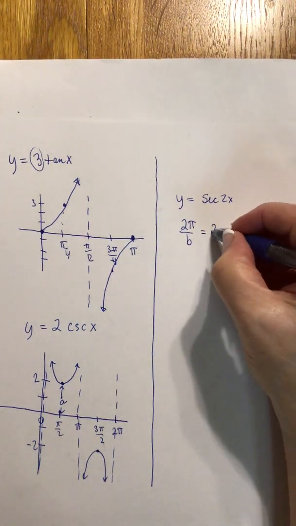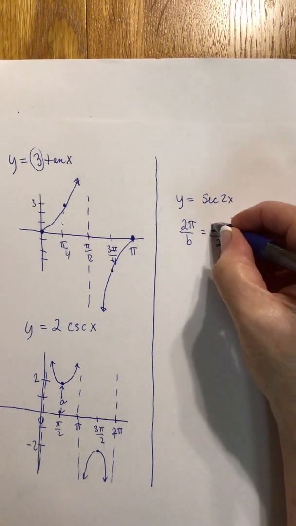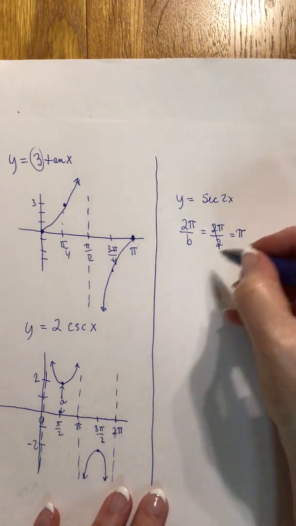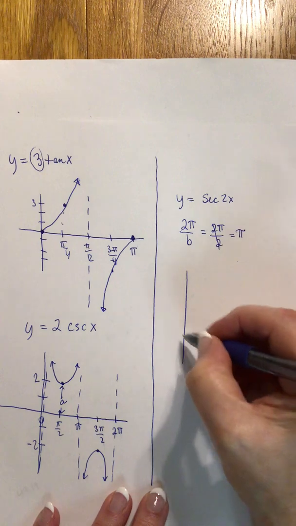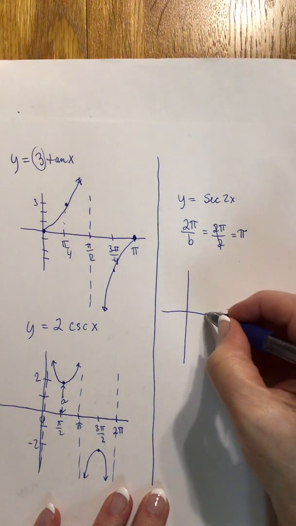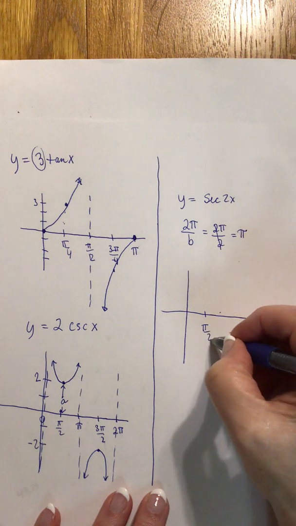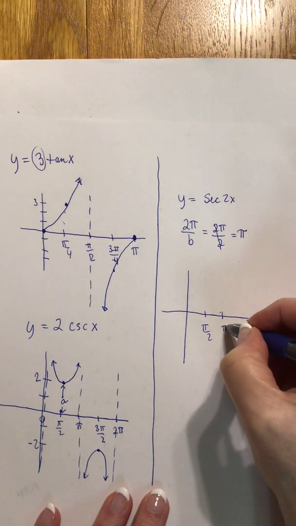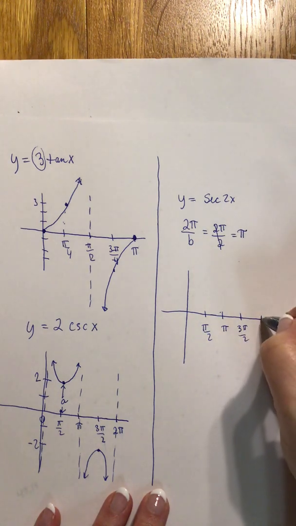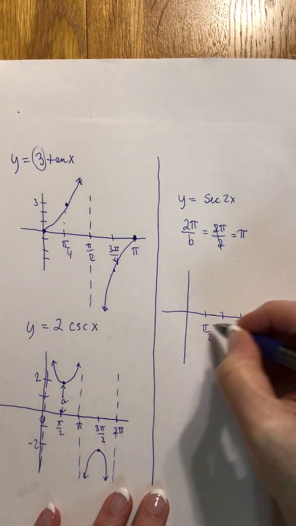So if I take 2 pi and divide by 2, now my period is pi. So I'm going to be doing the same thing that I was doing before, except now here would be my pi over 2, my pi, my 3 pi over 2, and my 2 pi, and that would be my original graph.